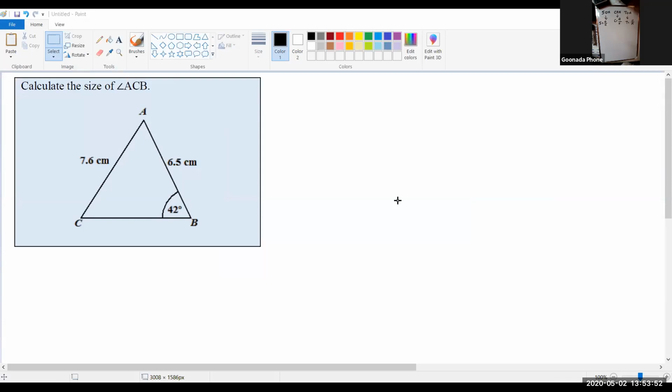So as you can see, this is matching up with this. And also, C is also matching up with 6.5. Everybody good? Yes, sir. And also, this is B, this is C, and this is E.